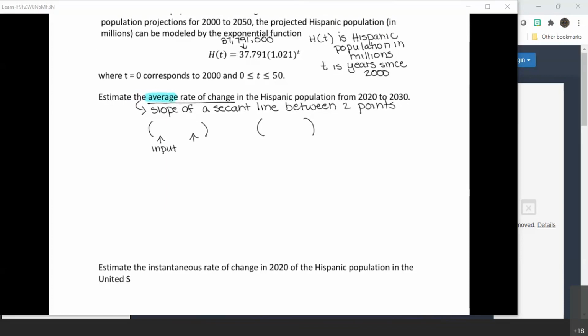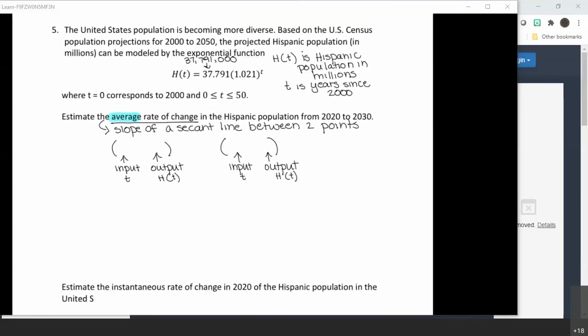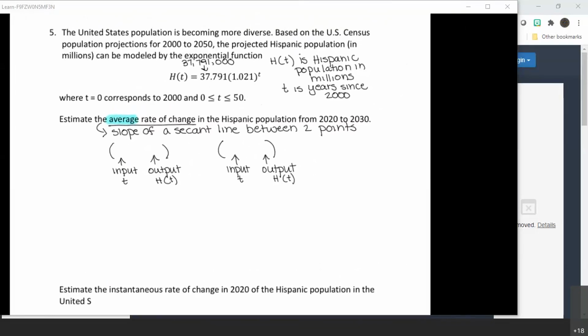Your second coordinate is an output value. We said our input values are T values and our output values are H of T values.